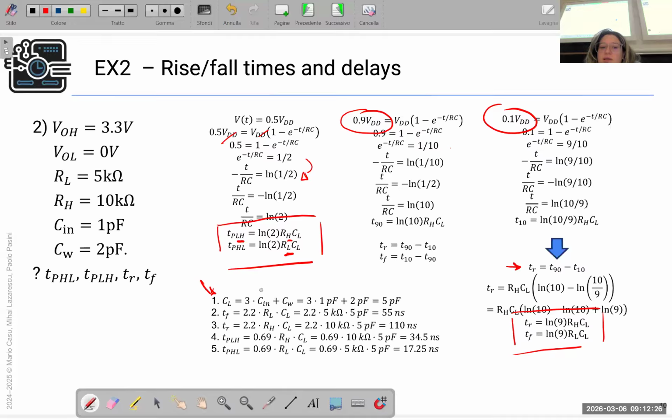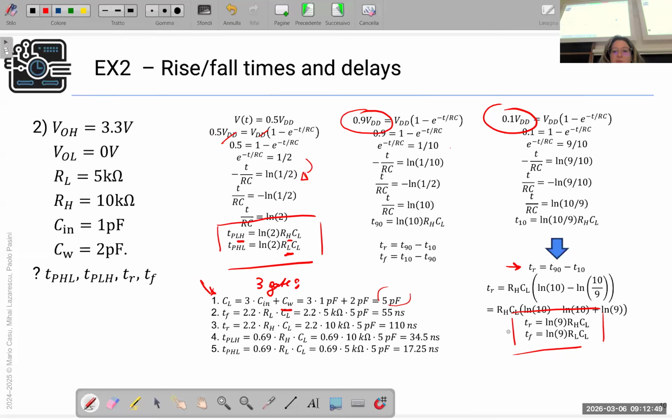And how is it calculated? We say that we have 3 gates plus the wire. So 3 multiplied by the input capacitance of the gates, and then we also add the wire, for a total of 5 picofarad.